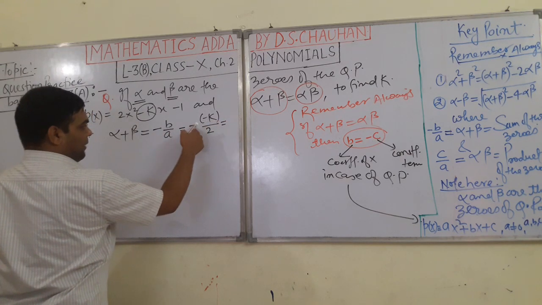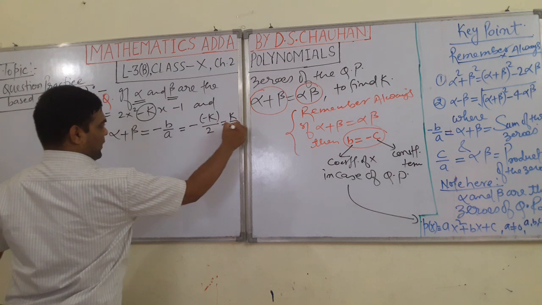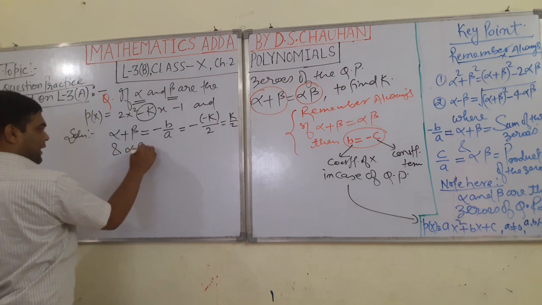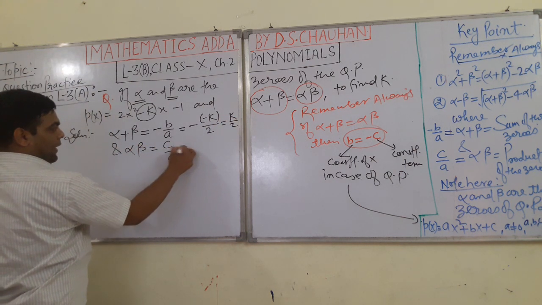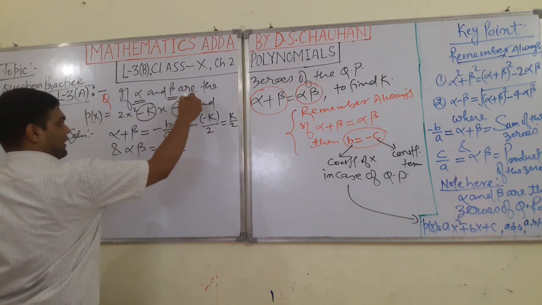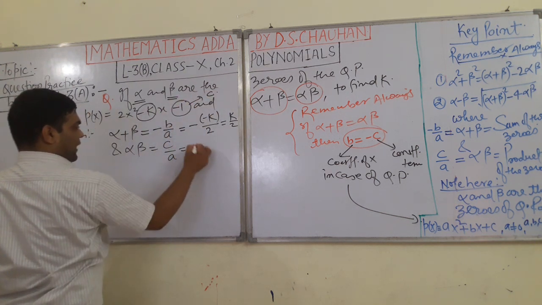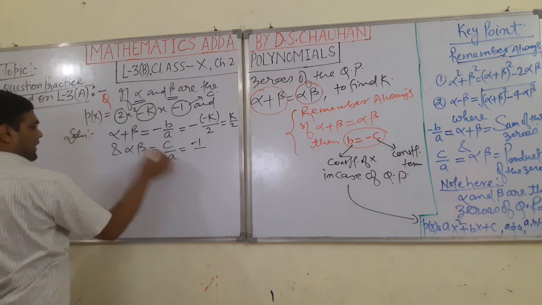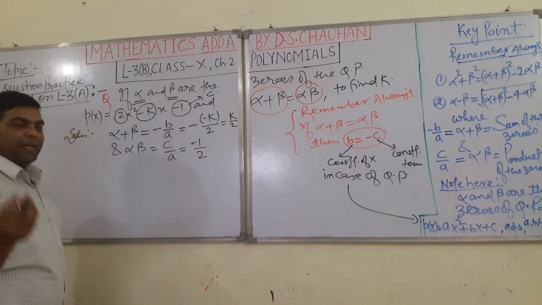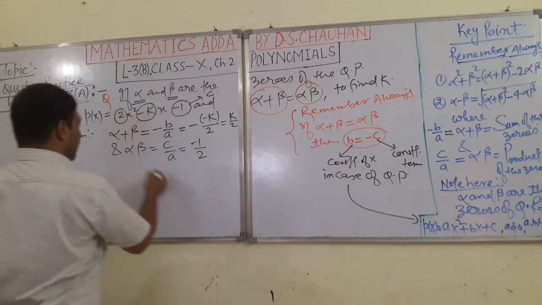When we simplify, minus minus becomes plus, so this is k by 2. And alpha beta is c upon a. c is minus 1, and a is 2. In this way we have alpha plus beta and alpha beta.